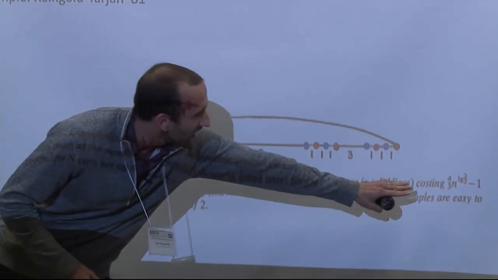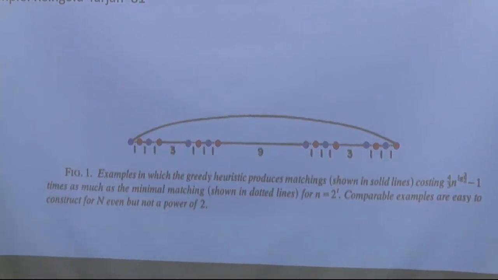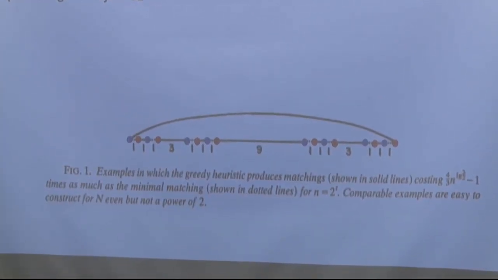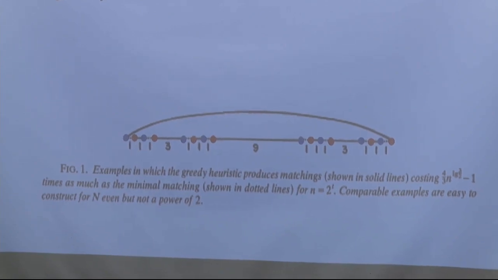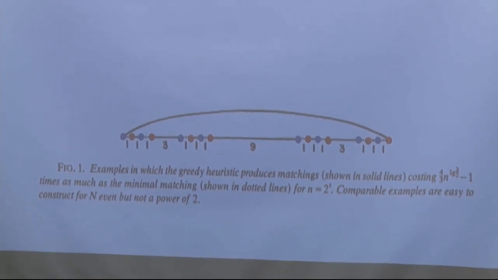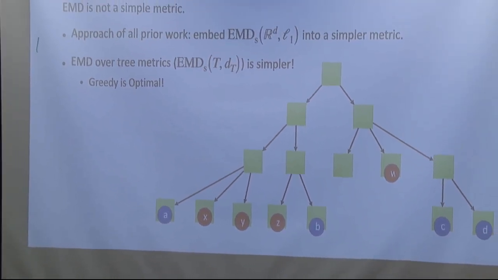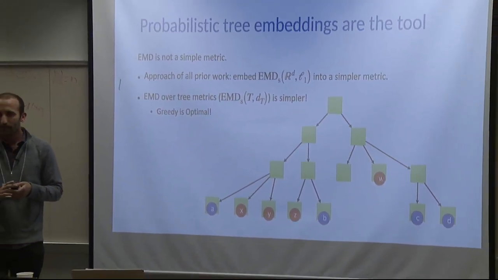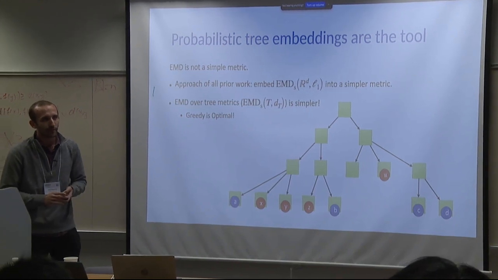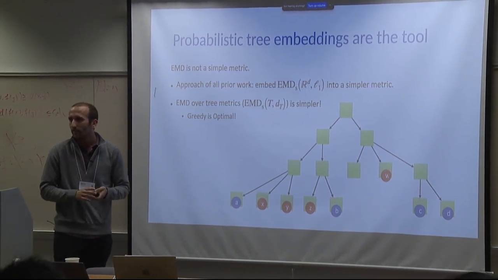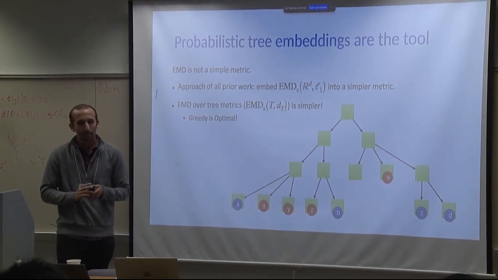I think they proved n to the log of 3/2. So you really don't want to think of algorithms that make greedy decisions. And this is the whole reason why we look at probabilistic tree embeddings. These are going to be the main tool with which we study the earth mover distance.